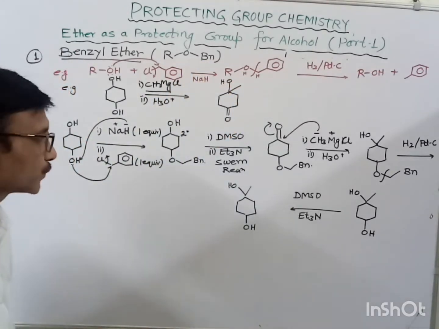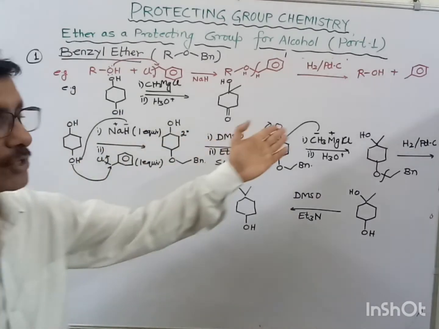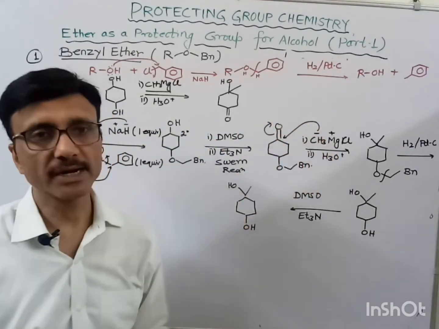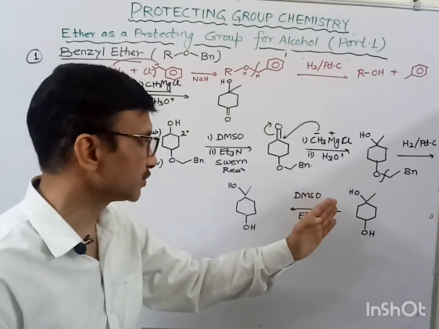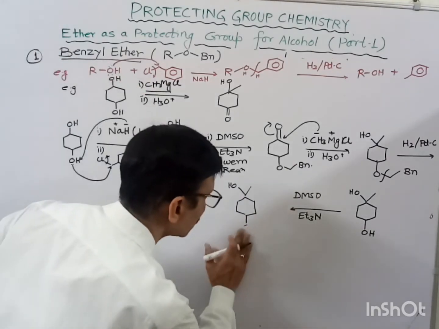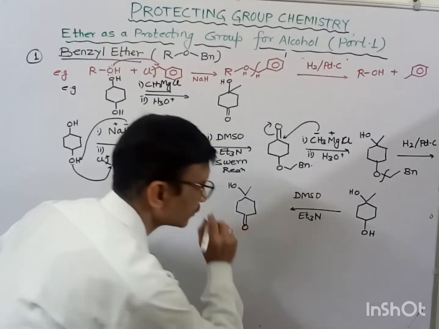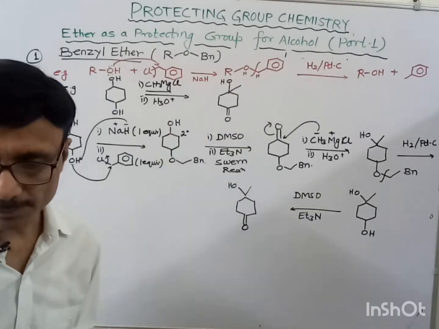So that's why first of all we should protect one of the OH groups, and then the nucleophilic addition of the Grignard reagent can be done, then deprotect it, and after deprotection it may undergo oxidation to give the keto group here. So this is the example for benzyl ether.